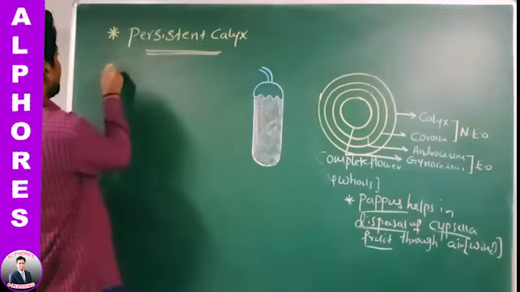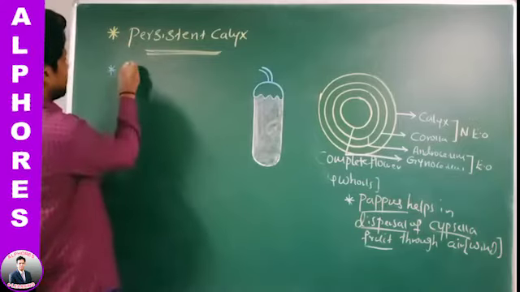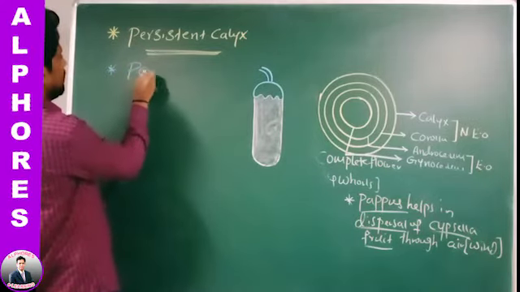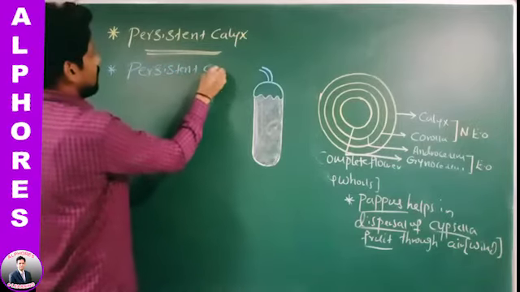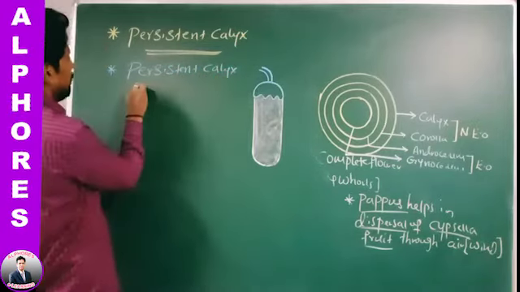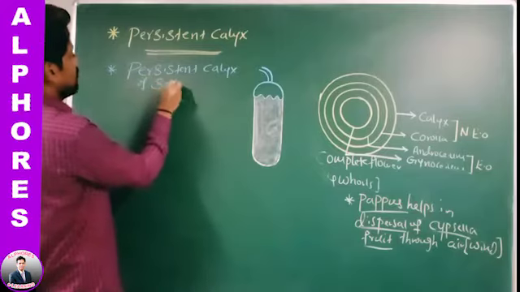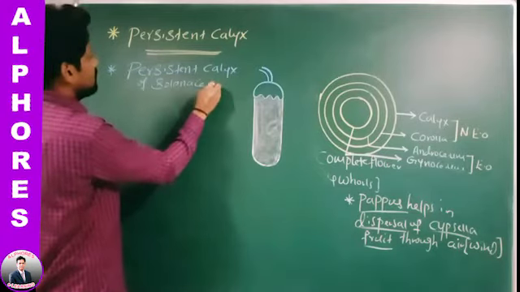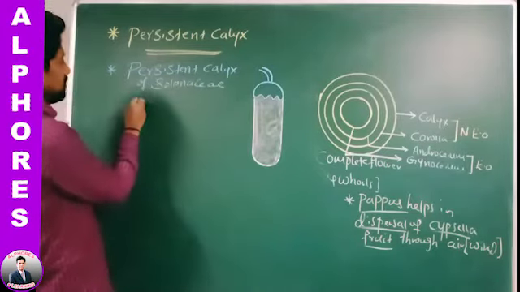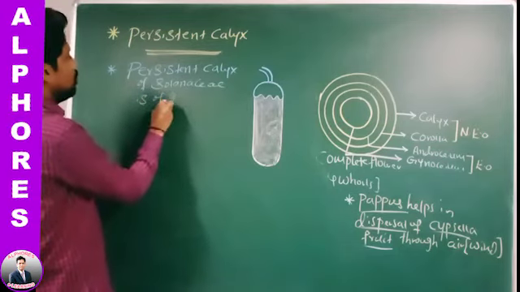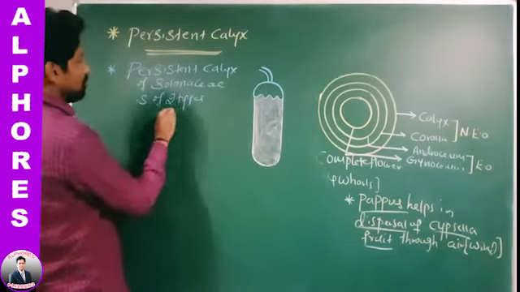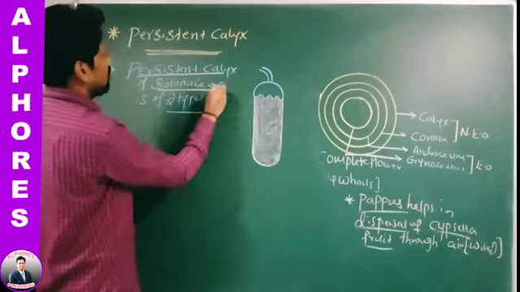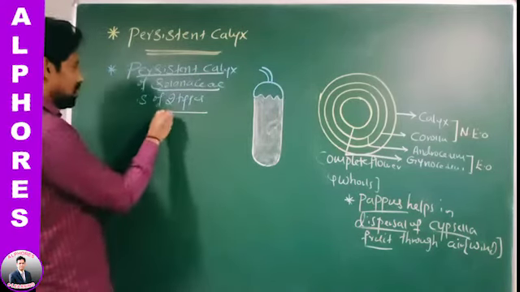Right? We are discussing what, sir? Persistent calyx of the Solanaceae family. Persistent calyx of which family? Solanaceae family. Persistent calyx of the Solanaceae family is of how many types? Two types. What are they, sir?